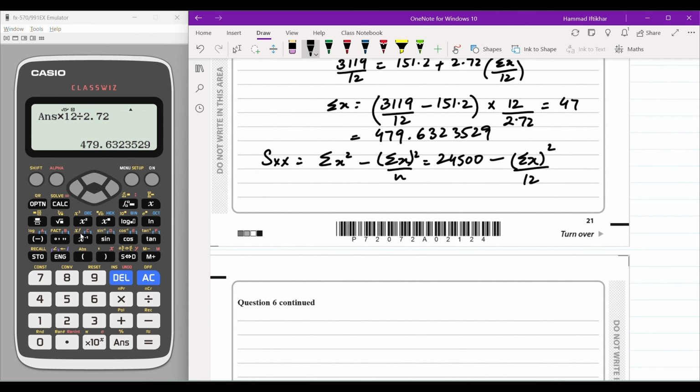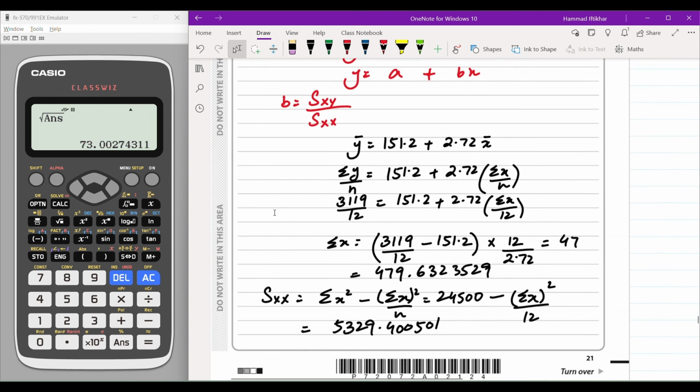So we square this value, divide by 12, and then do 24,500 minus the answer. That is equal to 5329.400501. So Sx is the square root of this, 73.00274311.